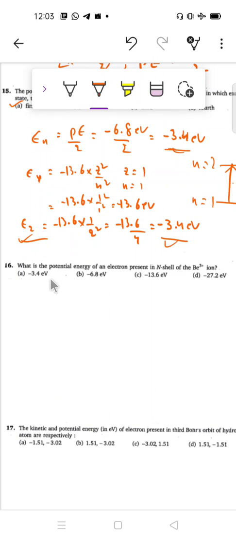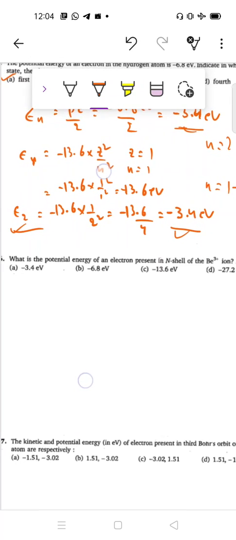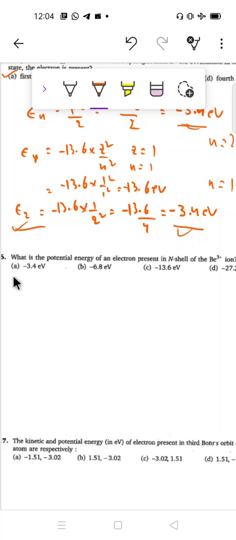Next, problem number 16. What is the potential energy of an electron present in the n shell of beryllium 3 plus ion? Let us focus on the question. We know K, L, M, N are the shells, the orbits.